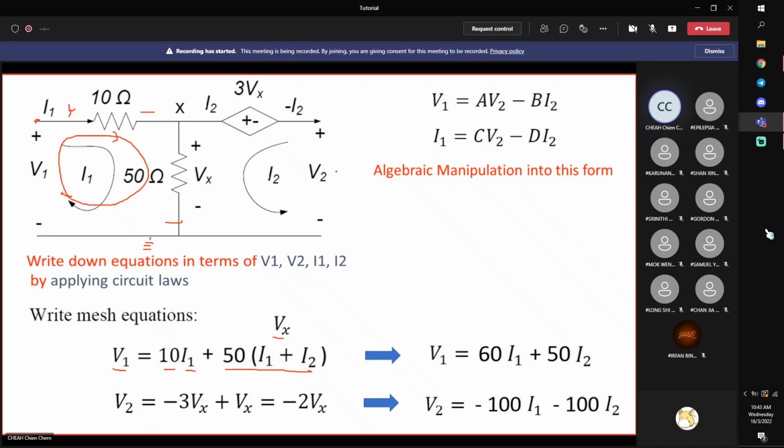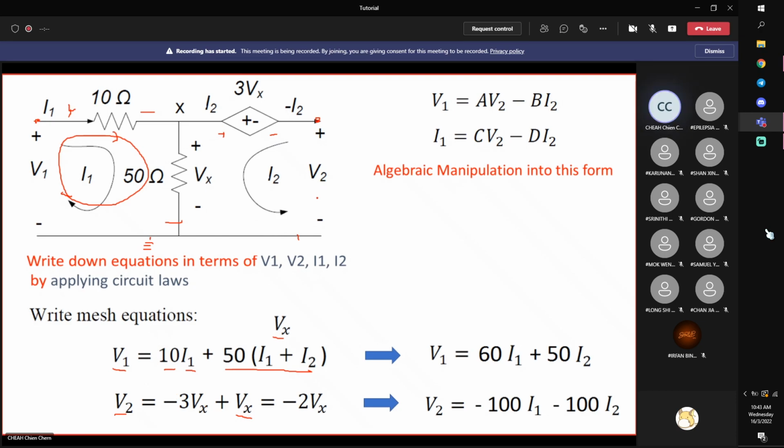On this side, this is V2, right? This voltage is V2. You climb up from the other side, come to here, it is also V2. So I add Vx over here. And then here, this is negative to positive to negative, so drop, right? This is negative to positive, increase. This is positive to negative, drop. So I have negative 3Vx.